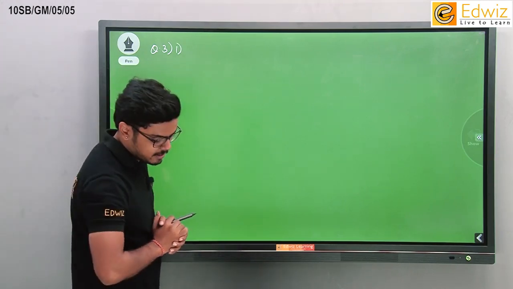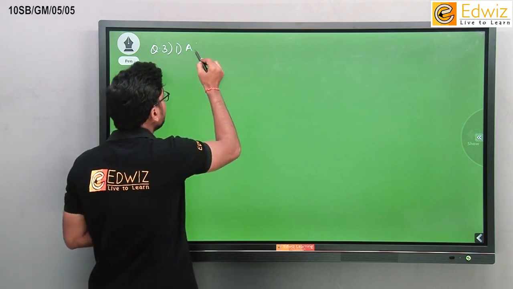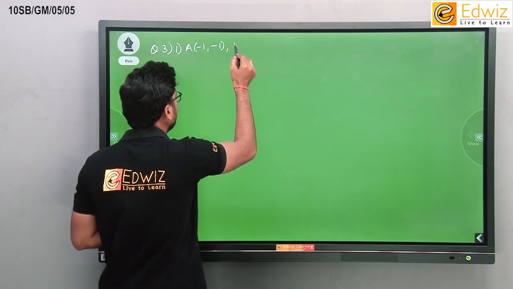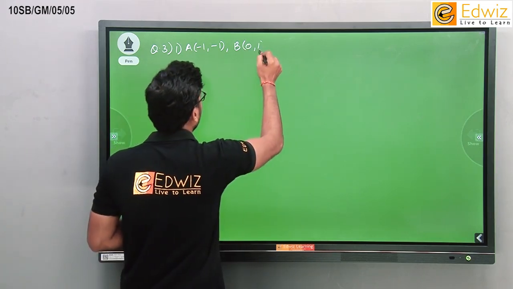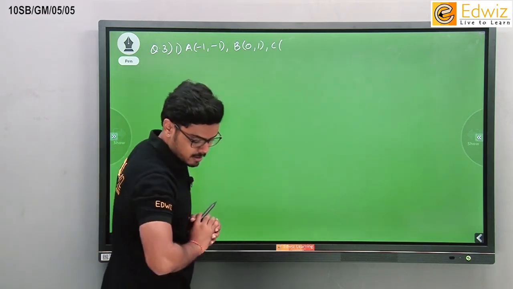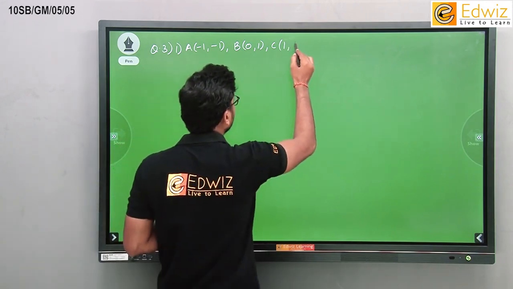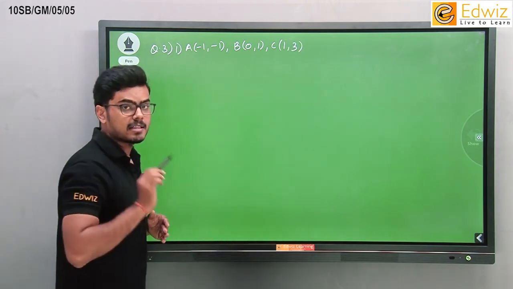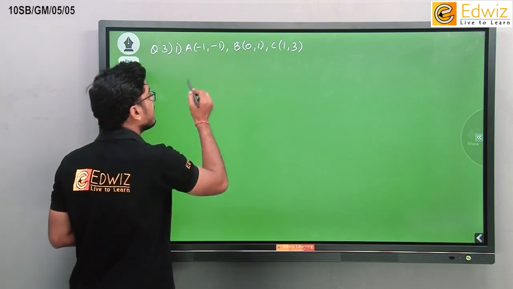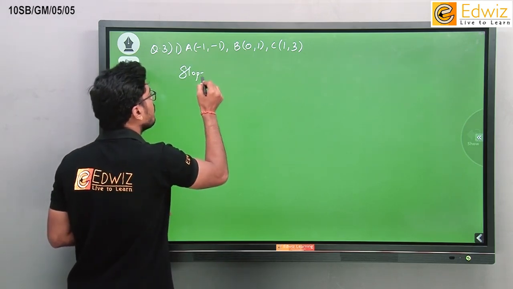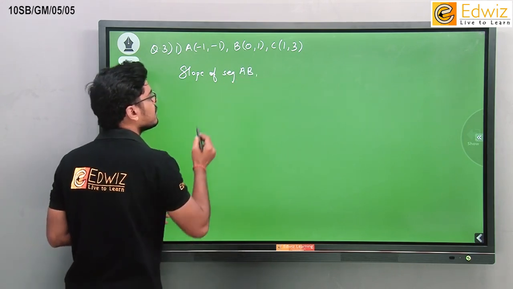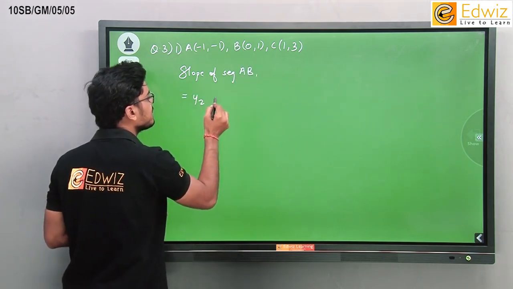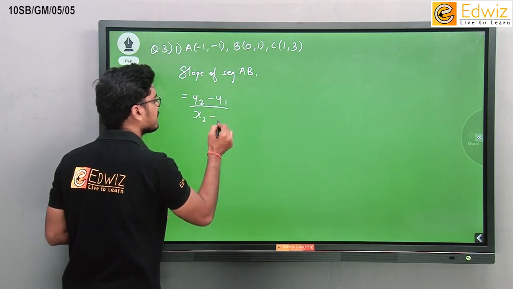Question 3, first one, point A is given -1, -1, point B is given 0, 1, and point C is given 1, 3. Okay, let us first find out the slope of A and B. Slope of segment AB will be equal to y2 minus y1 upon x2 minus x1.